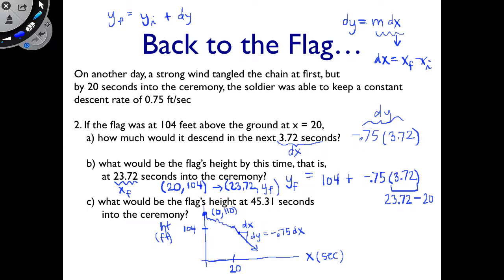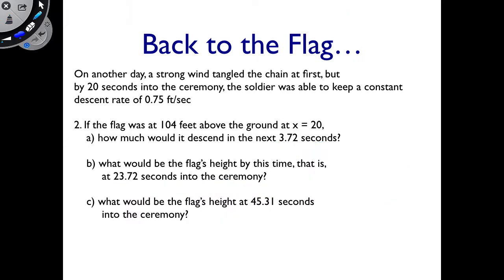All right, so let's take a look at this last question then. So keeping this all in mind, and we're going to take a look at more graph stuff today. If I want to know what's the flag's height at 45.31 seconds into the ceremony, assuming that it's not on the ground yet.